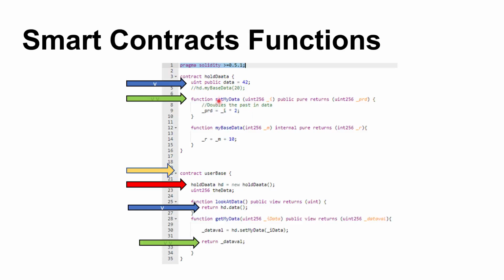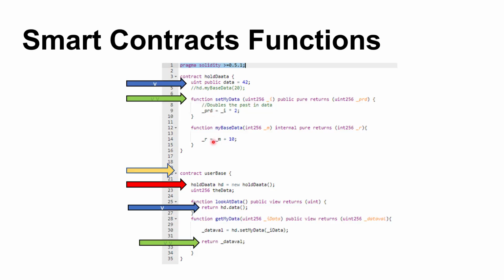Let's take a look. We see here that this is one Solidity file. In this case, there are two contracts: contract HoldData, and then contract UserBase. Notice here, HoldData is being called in UserBase, but they're saying that HD is of type HoldData, and we are instantiating a new HoldData here, which calls, in this case, the implied constructor.